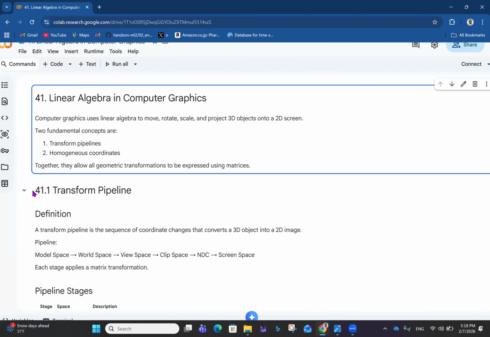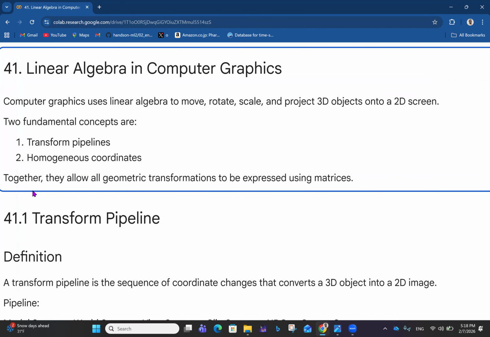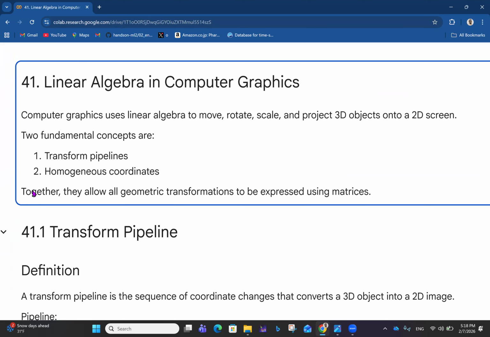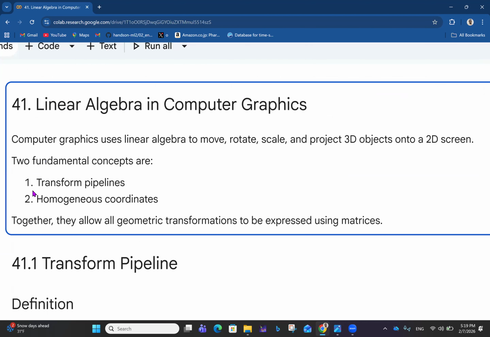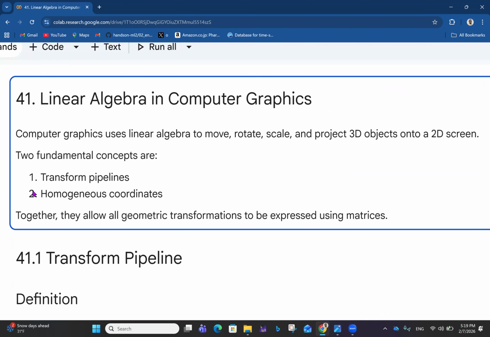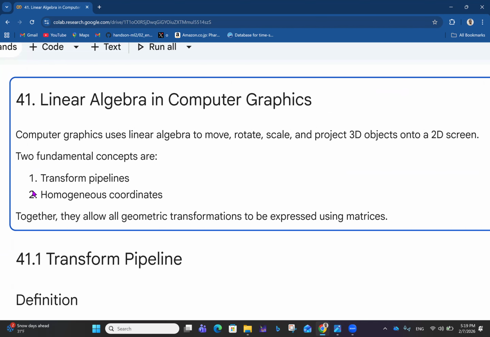Computer graphics uses linear algebra to move, rotate, scale, and project 3D objects onto a 2D screen. So in the process of learning linear algebra, we got to that point where we're talking about rotation, scaling, and all that, for starters using points.